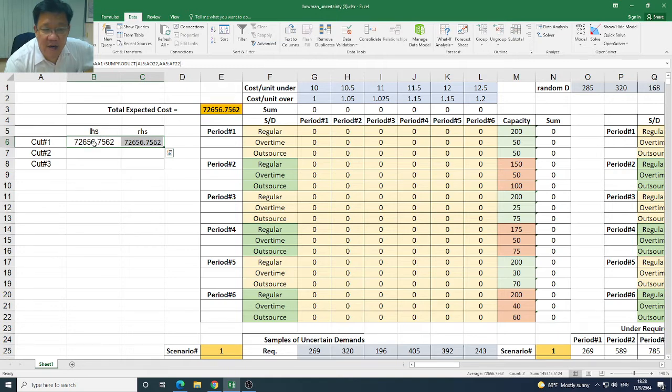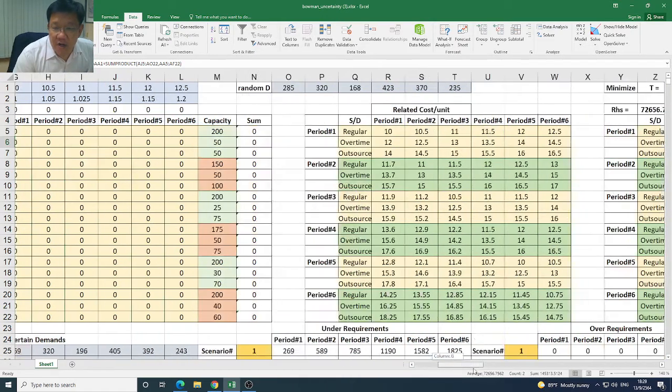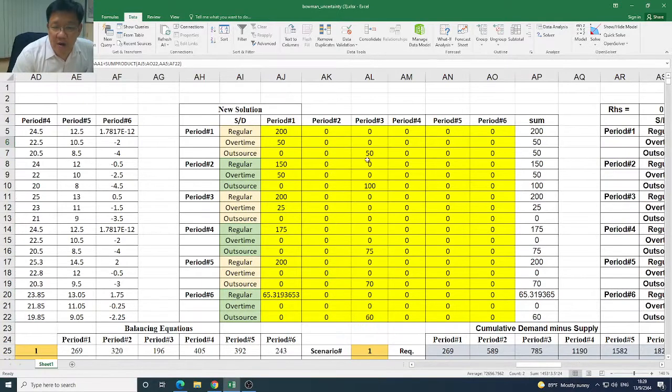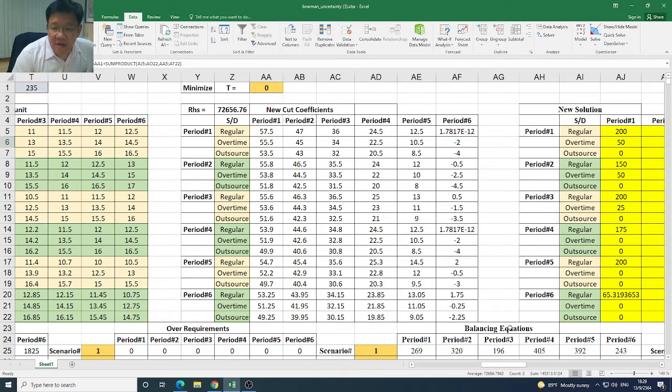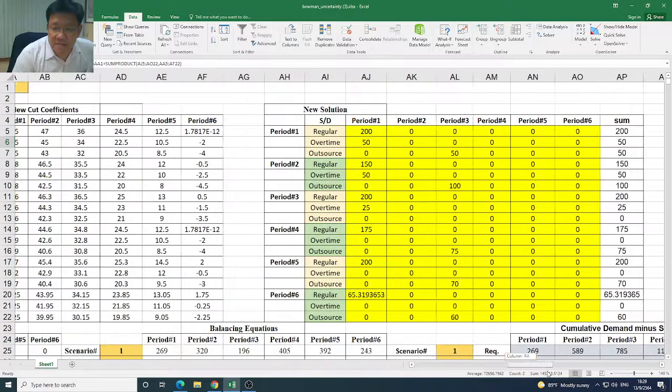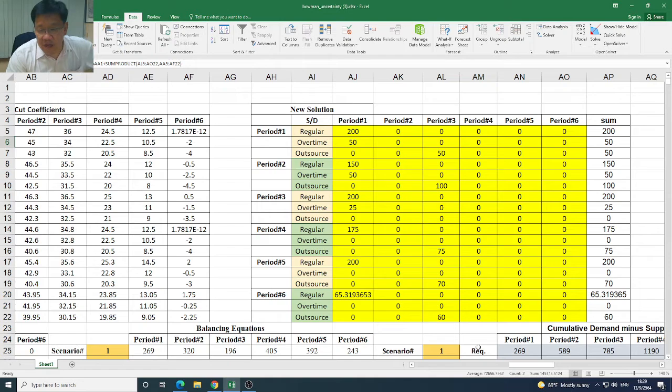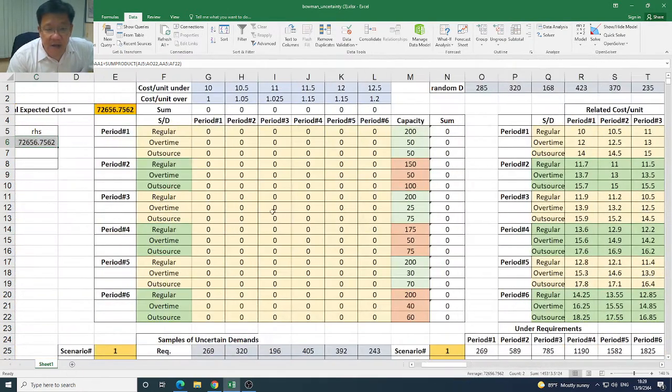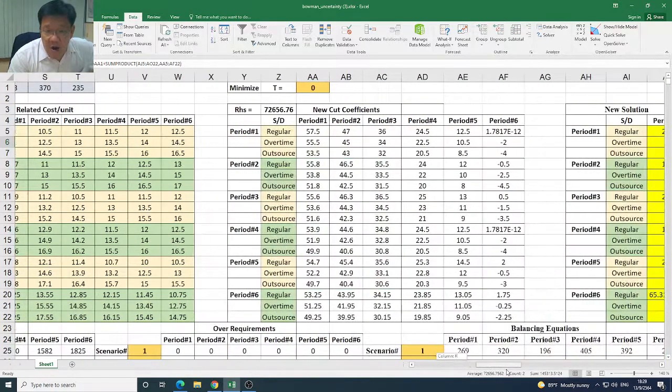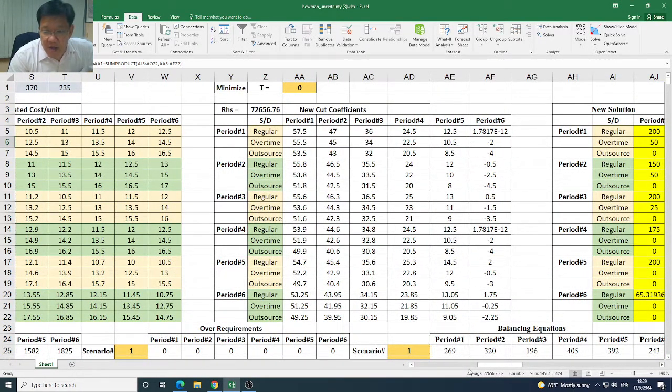Remember, before running, your left hand side is 0. But you have to make sure that cut number 1 here is the sum product of the cut coefficients with this cell. When you replace the solution at this location, where initially you didn't allocate anything but now you allocate the value here, all of this will change automatically, the new cut coefficients.